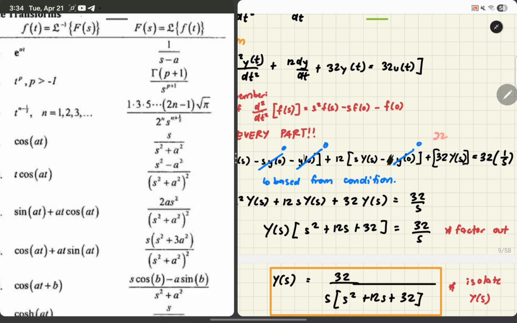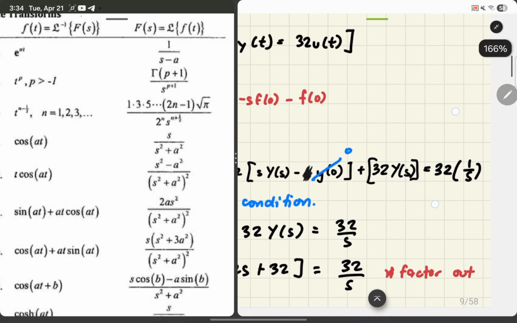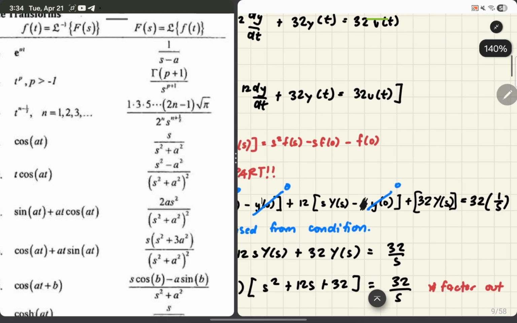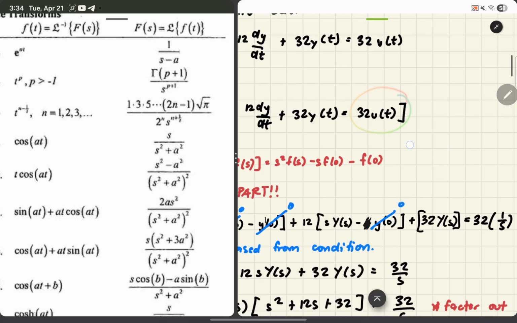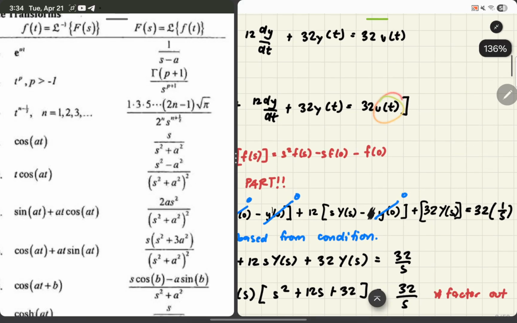So 32 times Y of s is equal to the Laplace transform of this one, which is just 32 times u of t, which is just 1 over s. That's the Laplace transform of u of t.